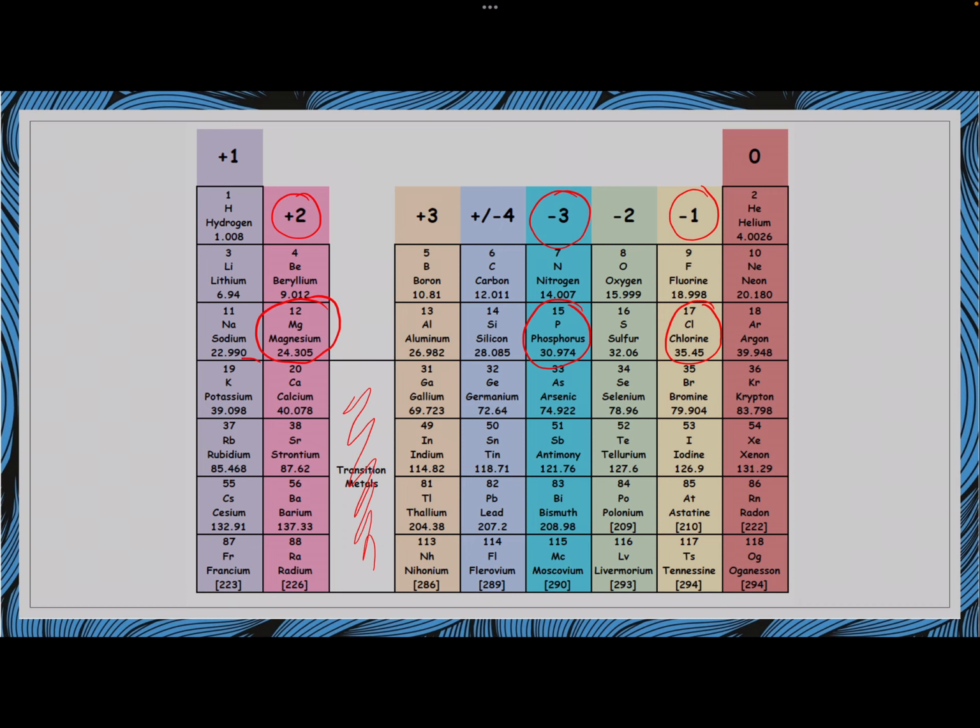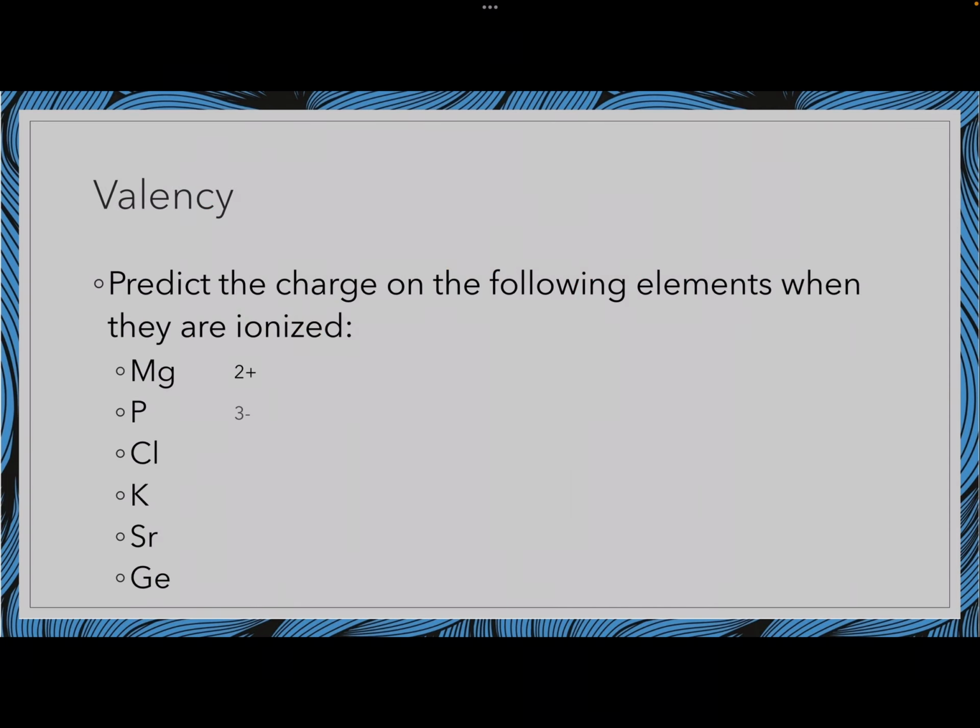Potassium is over here in the first group, so it's going to be +1. Strontium is just down and to the right of potassium, so it's also going to be a +2. And lastly, germanium. Germanium is over here, in this fourth group, so it can be + or -4. Make sure you got those answers down.